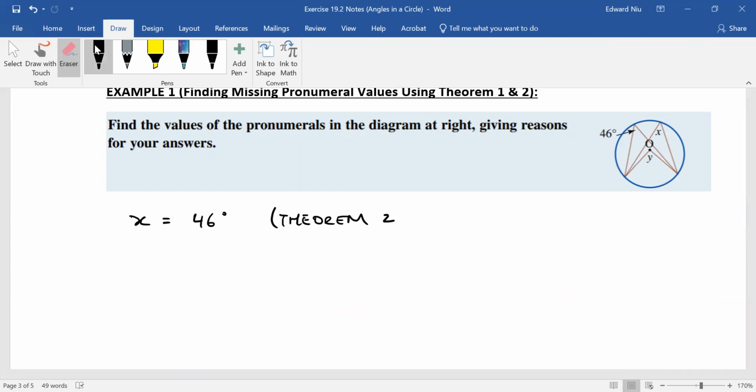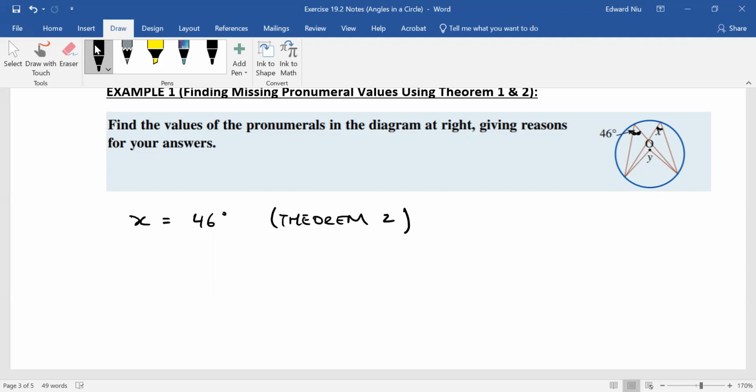Okay. So the reason being is angle X here is going to be the same as this 46-degree angle, again because we've got an origin, and when the chords align, they're going to be the same.